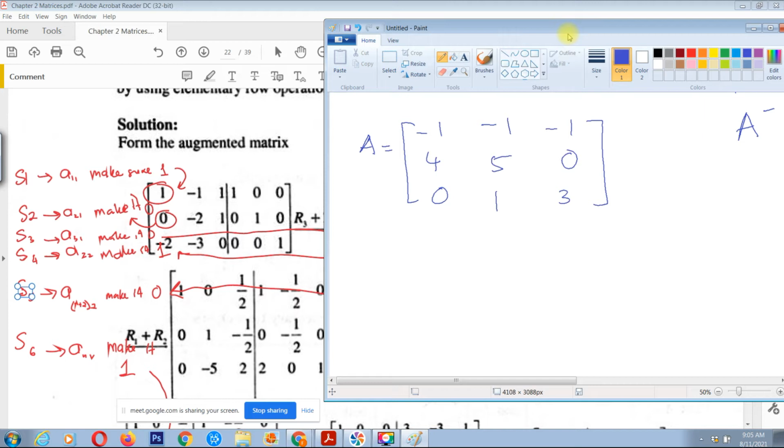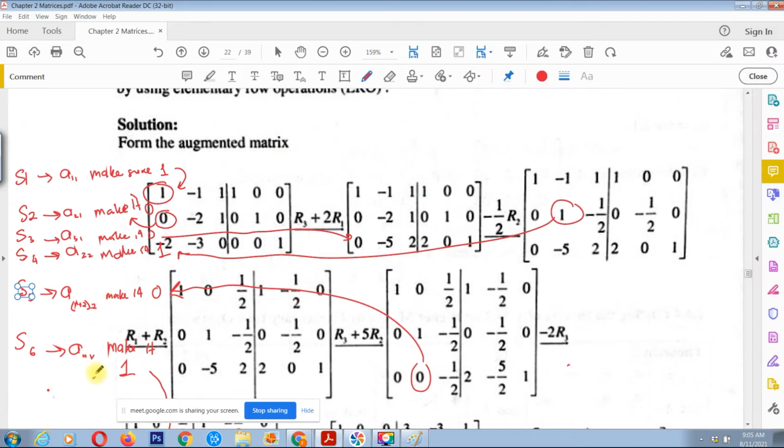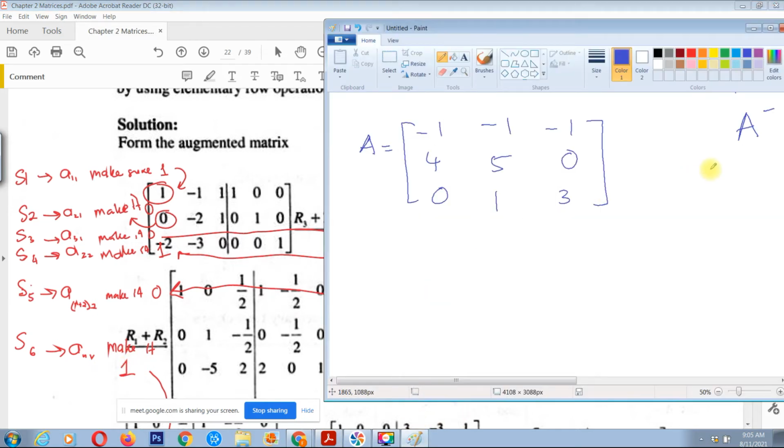Okay, from now here, we have this matrix. I already gave you 6 steps how to solve this. First step is A11 should be 1.